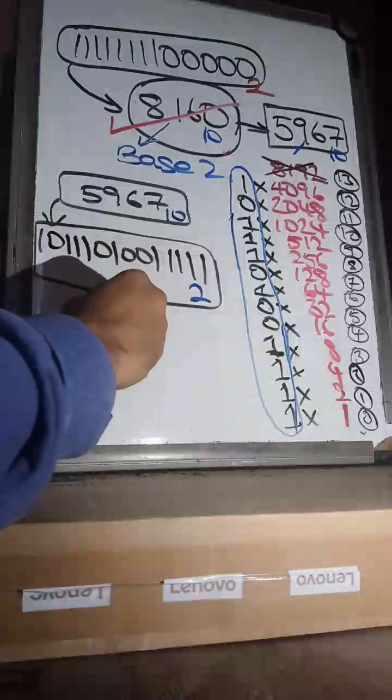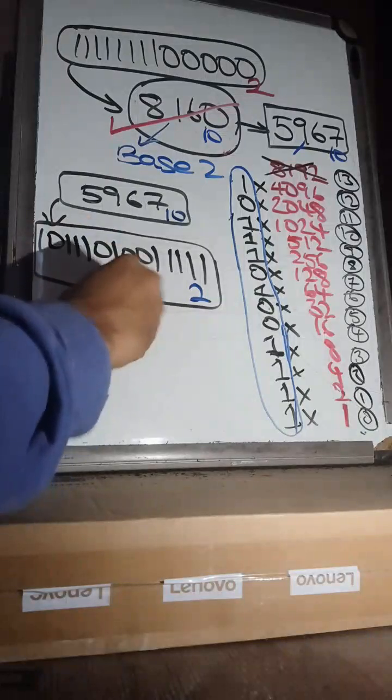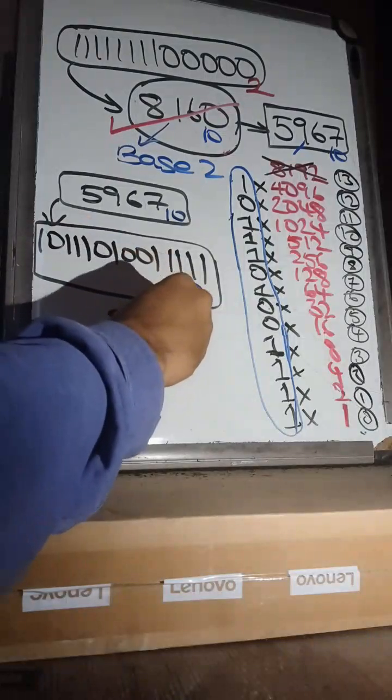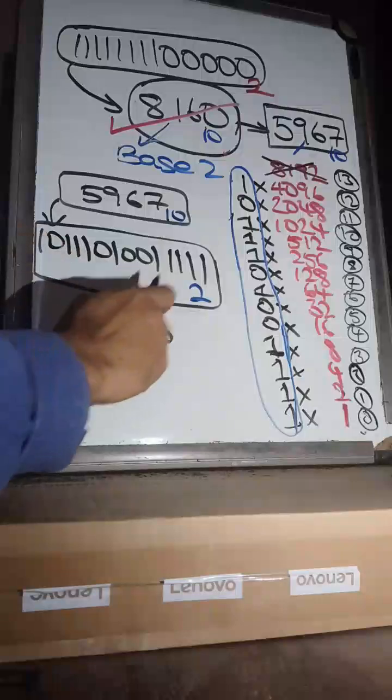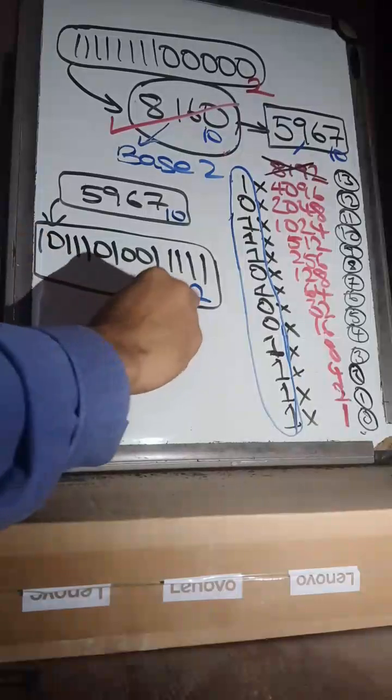And if you can do the difficult ones, you can do the easy ones. All right, let us say I wanted to convert 87, that's in base 10, to base 2.